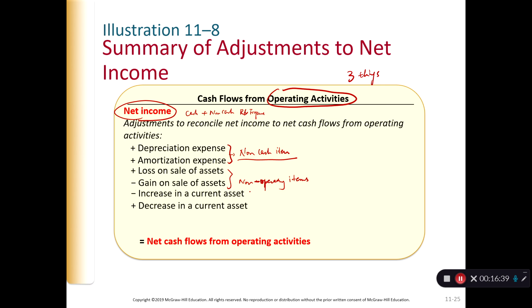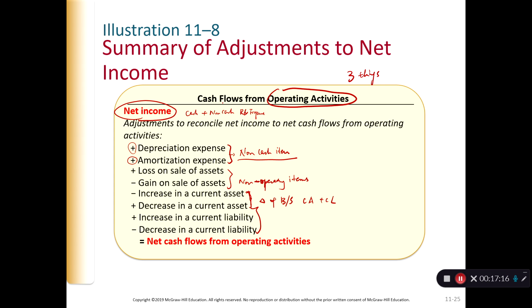And the third thing is that you need to take care of the change in balance sheet accounts, in terms of current assets and current liabilities. So how do we do that? Since the non-cash item of depreciation expense is subtracted from net income, for the cash flow statement we want to add it back. Same thing for amortization expense: it's a non-cash item that was subtracted from net income, hence we add it back.